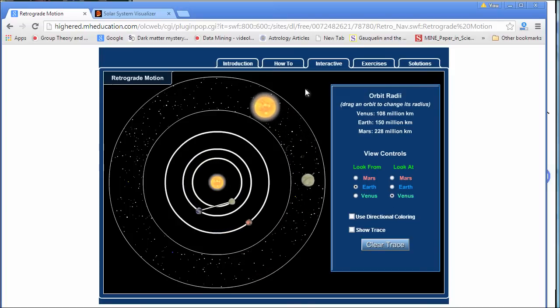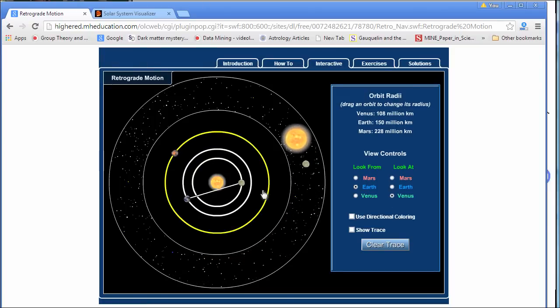At the superior conjunction, meaning Mercury's on the opposite side of the Sun, Mercury appears to be moving very fast, and at the inferior conjunction, meaning Mercury's on the Earth side of the Sun, it appears to be retrograde. So Mercury and Venus work the same exact way. That is the retrograde motion of Mercury and Venus. So it should be very clear now why they appear to change speeds and even go retrograde.